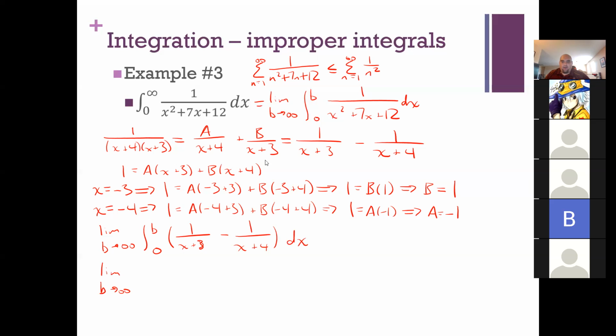So remember, our first shot at partial fractions here, I know that 1 over the quantity x plus 4 times x plus 3 is going to equal some constant over x plus 4 plus some other constant over x plus 3. So all the algebra that I did in the next few lines determined what those constants were. And then just because I prefer to have my first term be positive if I can help it, I flipped these at the last step.